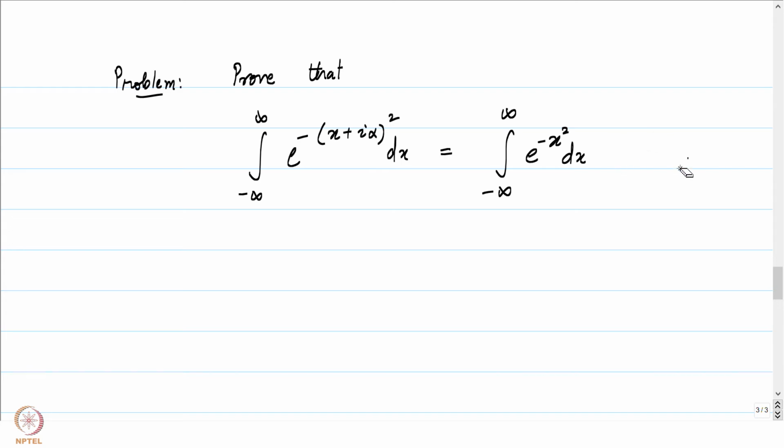So the point is to show that the integral on the left does not depend on alpha. Alright, let's prove it.